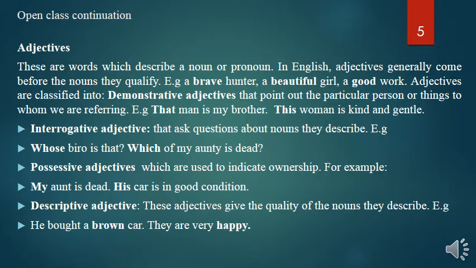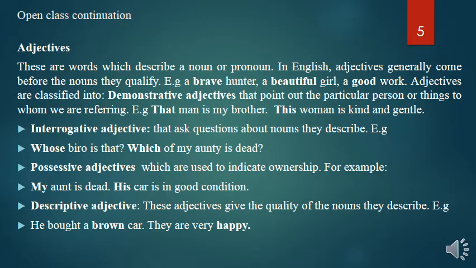Whose and which are the interrogative adjectives, because they are asking questions about the nouns they describe. In the first sentence, they are asking about the noun biro, and in the second question, it is asking about the noun my aunt.